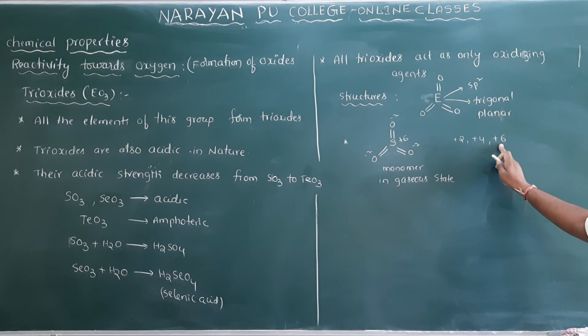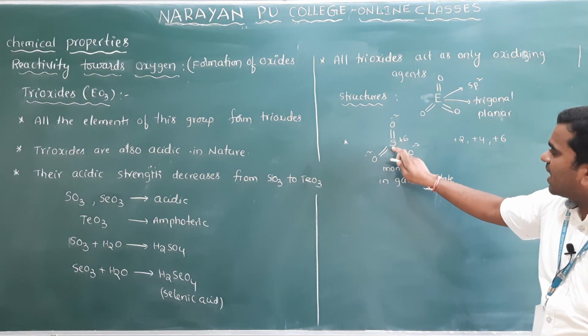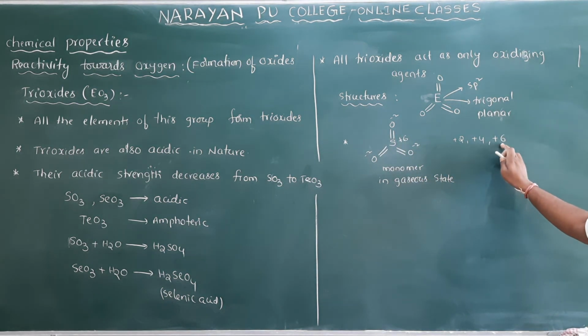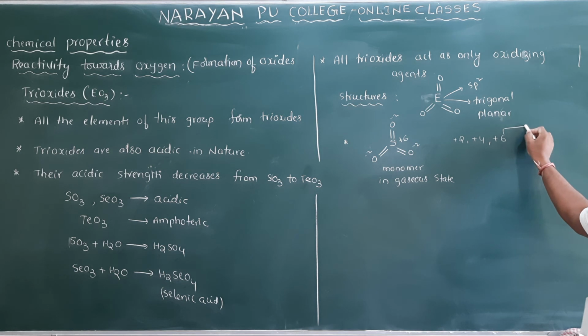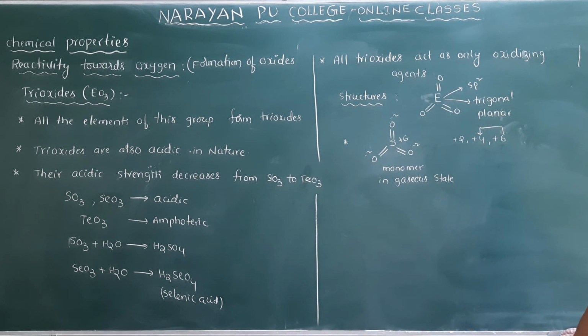What is the highest oxidation state of the 16th group elements? Its group number, that is 6. Clear ma? So the central atom in the trioxide is in its highest oxidation state. So they cannot be further oxidized. Clear ma? There is nothing further, so it can only undergo reduction.